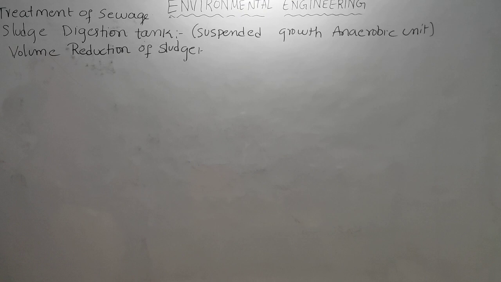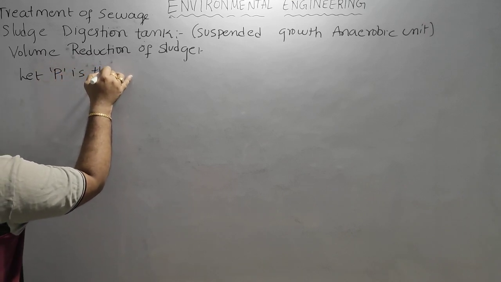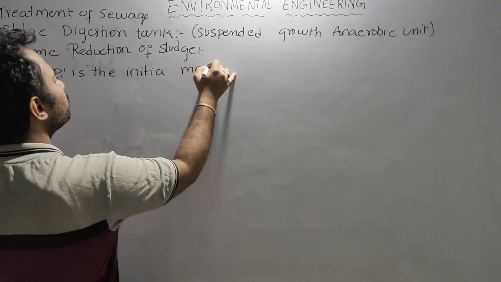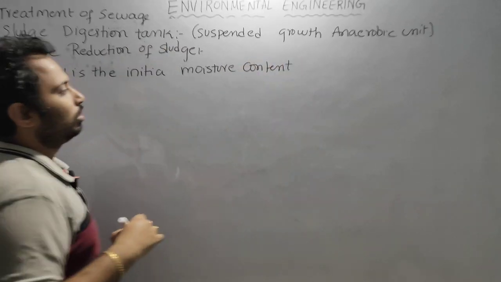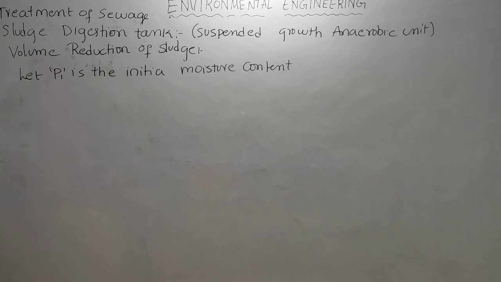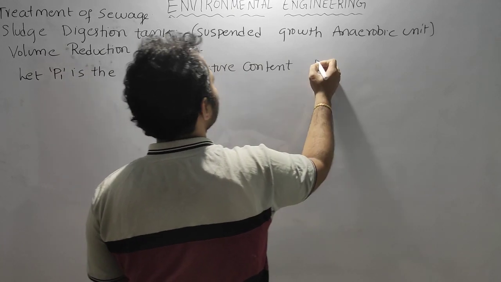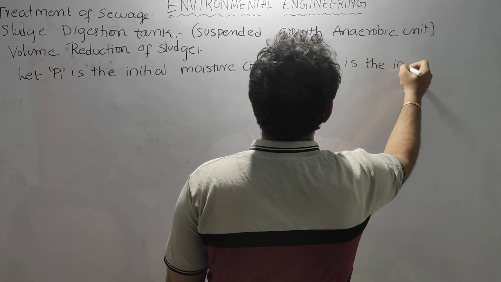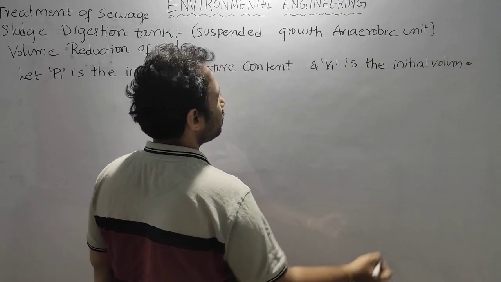Let P1 be the initial moisture content, before thickening of the sludge, and V1 the initial volume of the sludge.